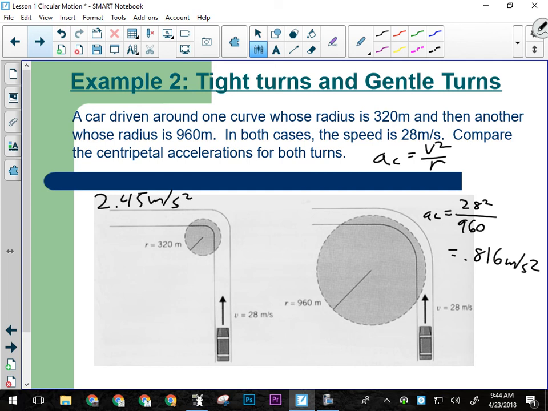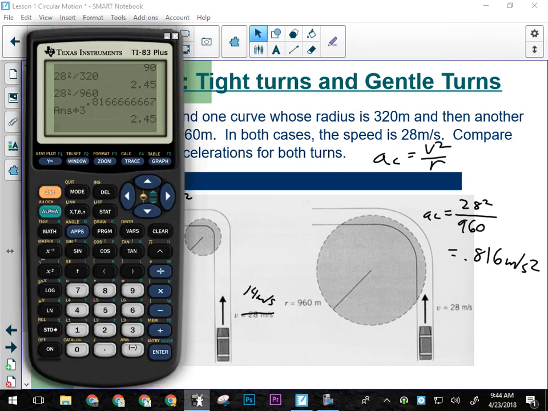So the acceleration experienced here should be 1/4 if I cut my speed in half to 14 meters per second. So I reduced the acceleration to 1/4 of its original value by reducing my speed by a factor of 1/2.